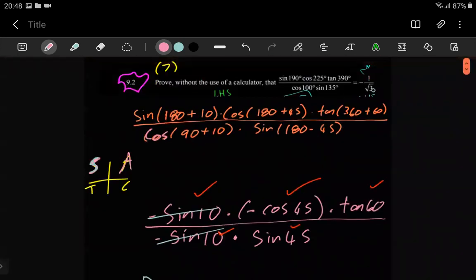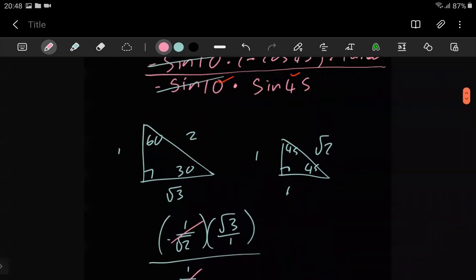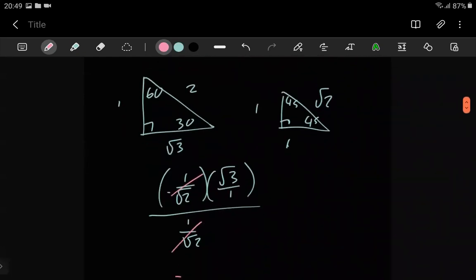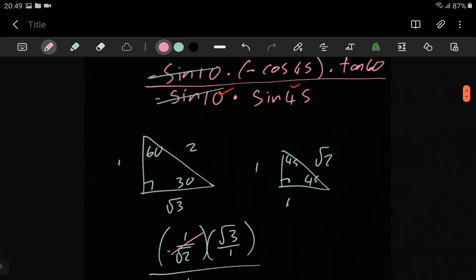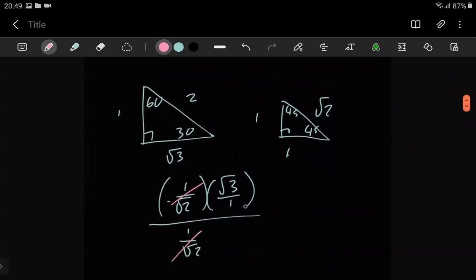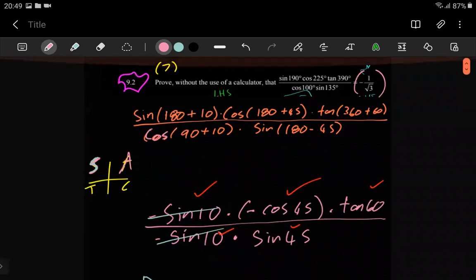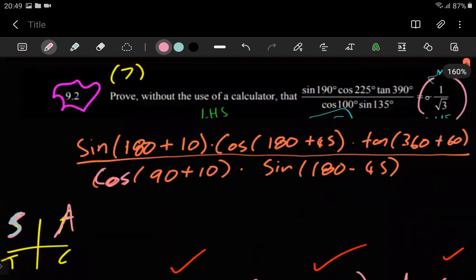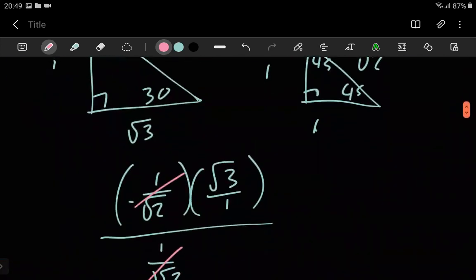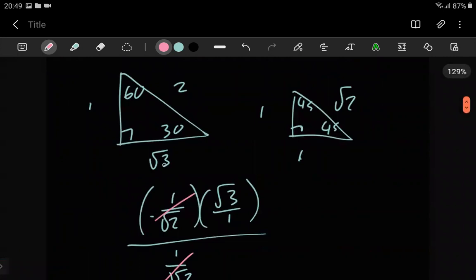I need to double check. So we are supposed to end up with this. Let me try and see. You are right, you just left out the negative. Wait, hold on. Because remember, we need to end up with negative 1 over square root of 3. The way you said negative 1 over square root of 2, there's a negative there.